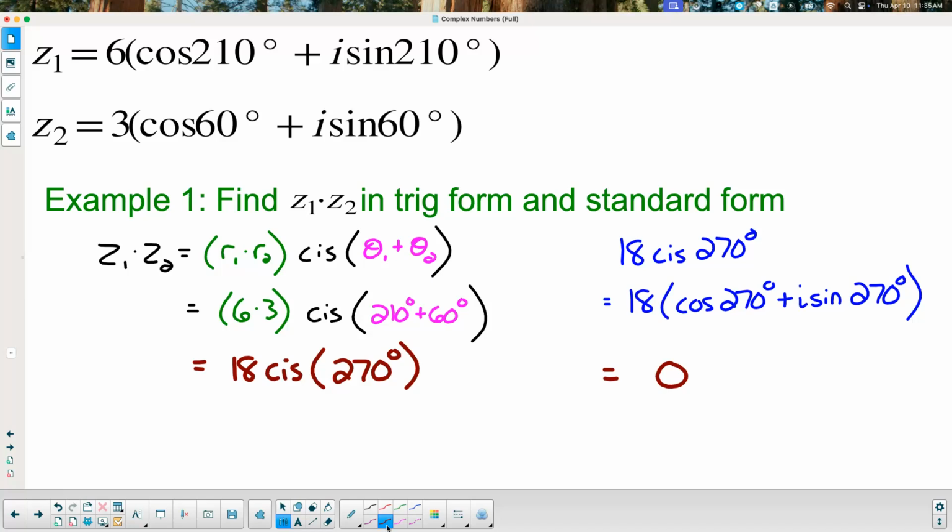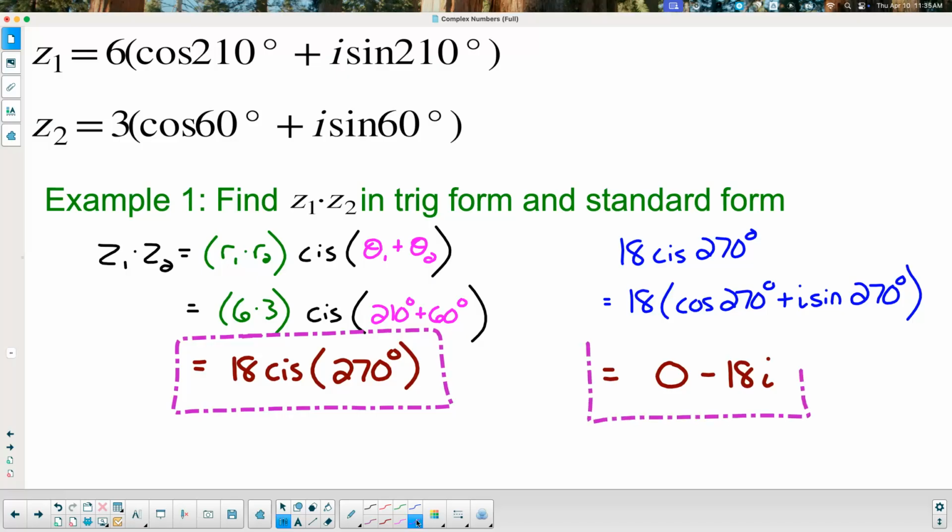So then this would be minus 18i. Trig form, 18 CIS of 270. Standard form, rectangular form, 0 minus 18i. Okay.